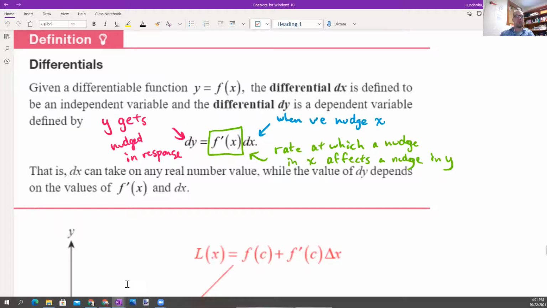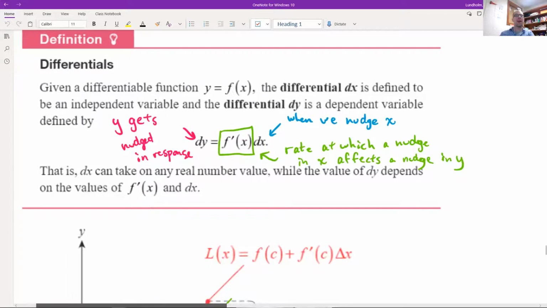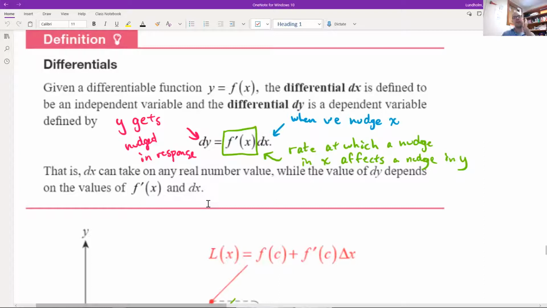Back there we looked at differentials where you've got some input nudge x, and there's an output nudge based on that, and the rate at which an input nudge affects an output nudge is the derivative.